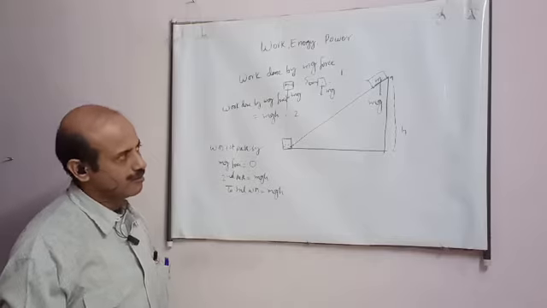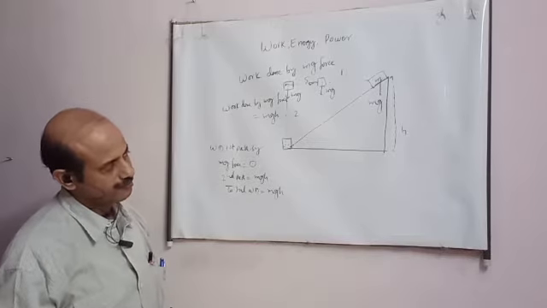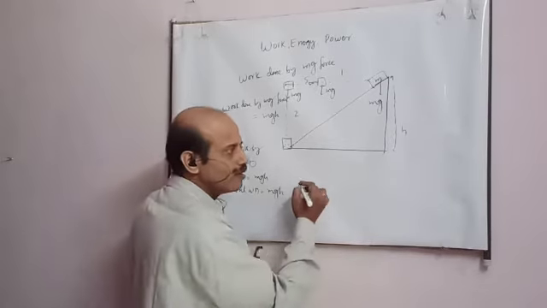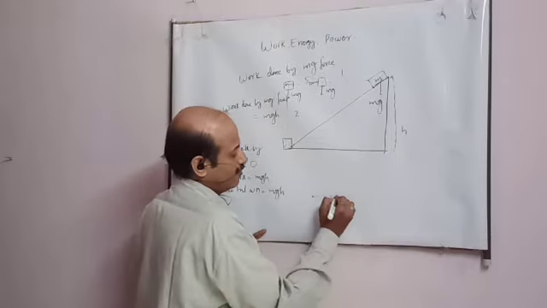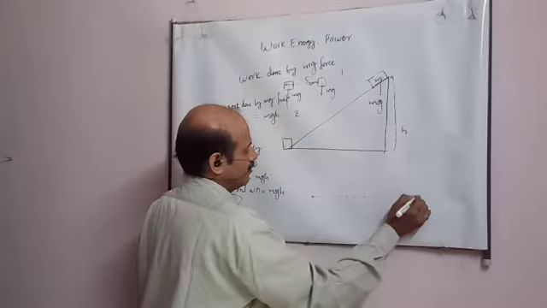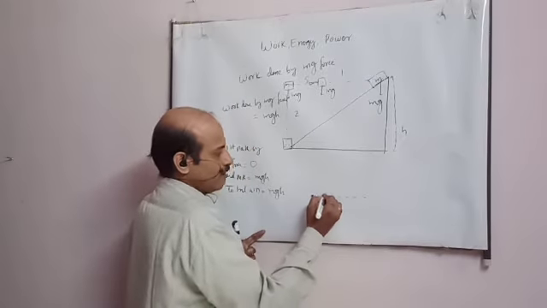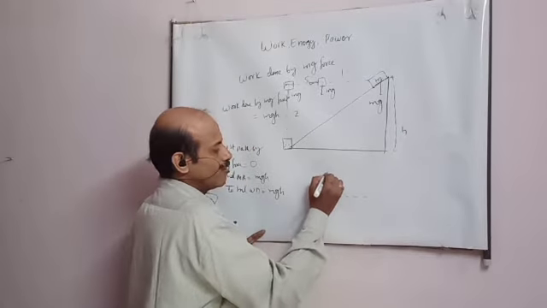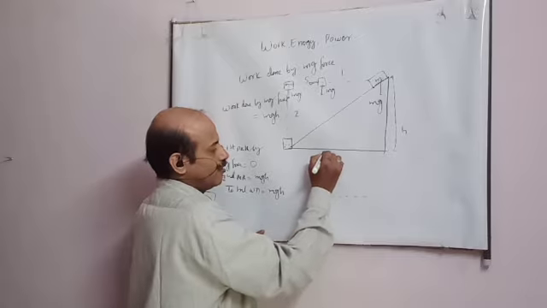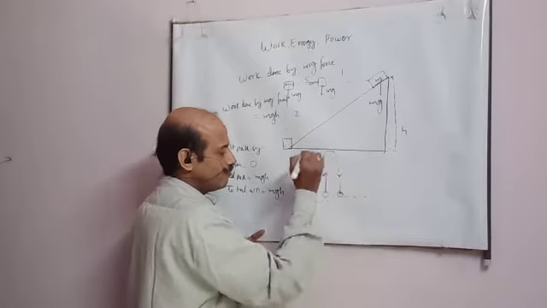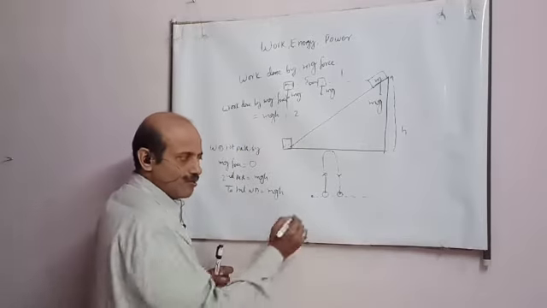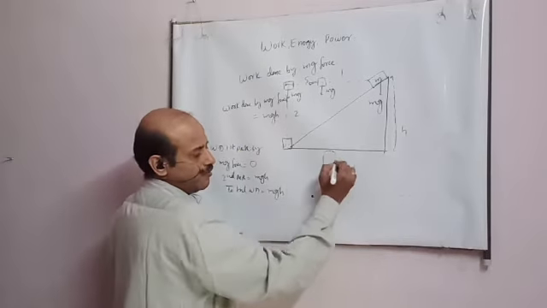Now, student, let's look at another part of it. Suppose the ball is thrown upward, student, and then it comes back. So work done in the upward direction by mg force.